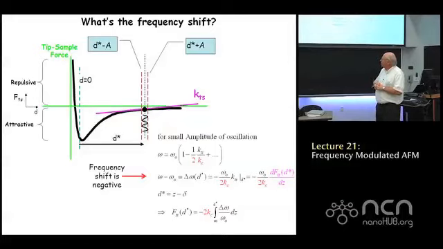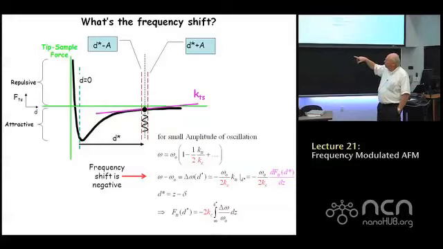And what you can then do is solve that equation, and you can actually work backwards and get an expression for the force that's acting on the tip at a particular tip substrate separation. And the force at that particular tip substrate separation D star, which is the equilibrium separation after the tip is moved by the forces acting on it, right?